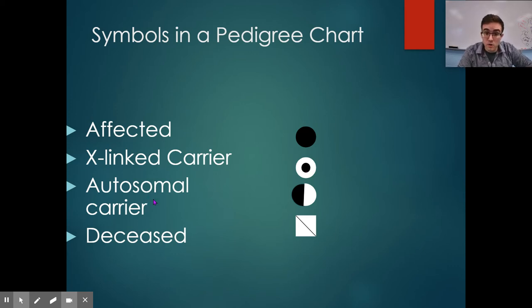If they're an autosomal carrier, so the trait we're looking at is not found on the X chromosome, then we just vertically shade in half of the circle or square. Females or males can be autosomal carriers. And if a person is deceased, if they died, we just draw a line through it.